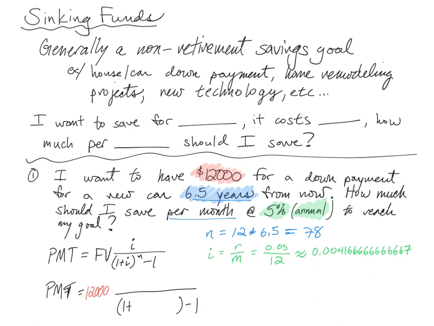The interest rate was in green, 0.0041666. And you just have to type a bunch of sixes in here when you're figuring this out in the calculator. And then, of course, we cannot forget the exponent here, the 78.